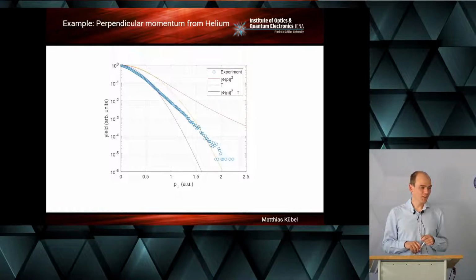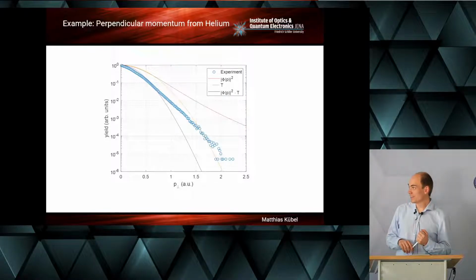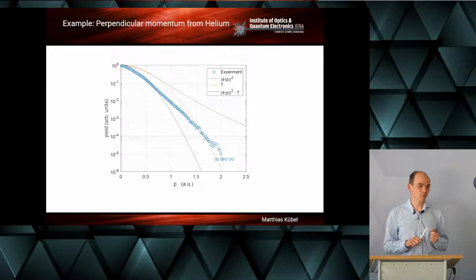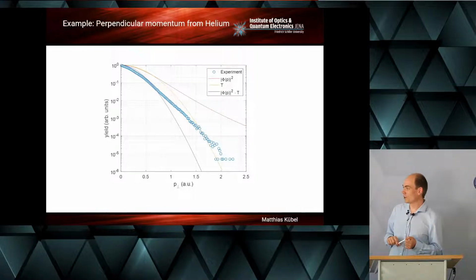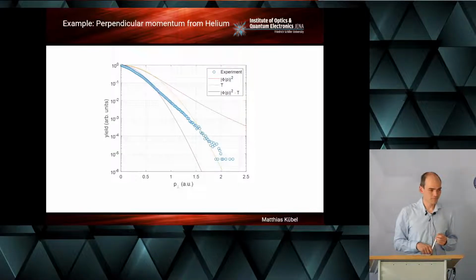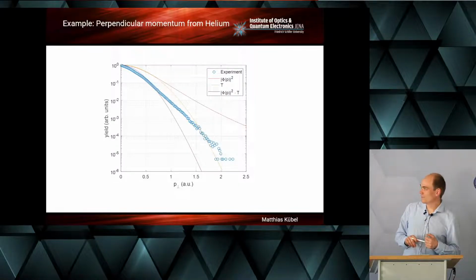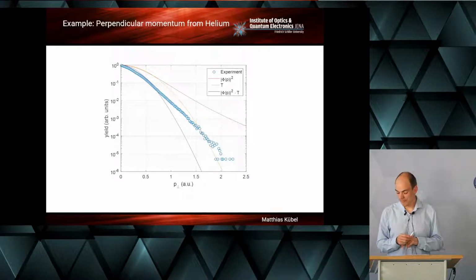But this actually makes sense, because we put an assumption into our derivation, namely that the perpendicular momentum is small. That is actually not so small here. Above 1 atomic unit, it's not so small. And so from these experimental results, it looks like the transmission is actually higher than expected at large momenta.